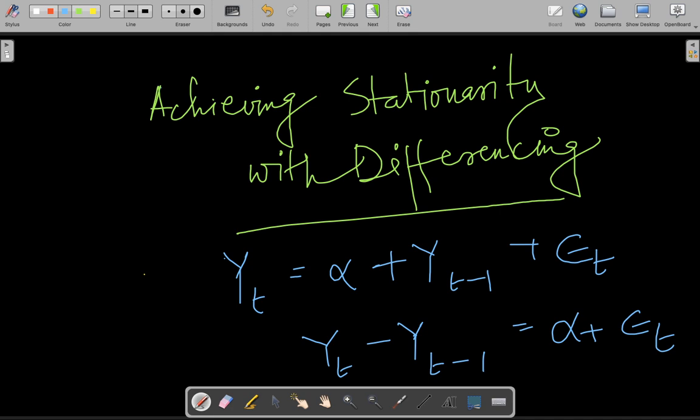Now differencing can be of different types. The differencing that I have done here is called lag 1 differencing, because I have simply subtracted the value of the previous time period. So I have taken only one lag.